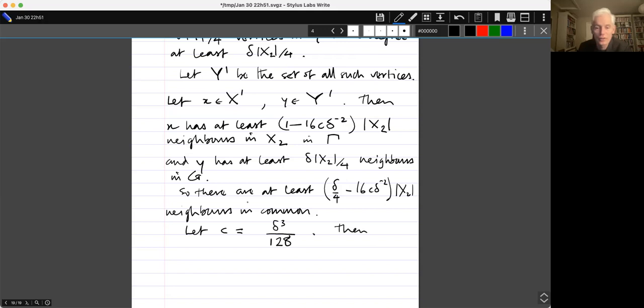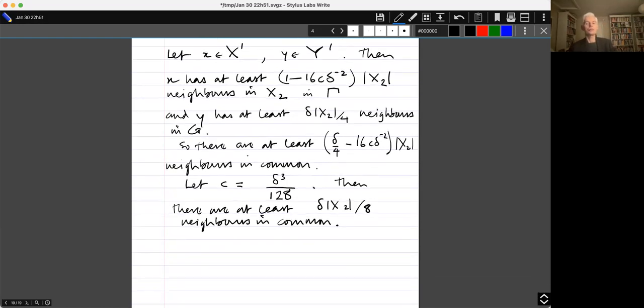Then there are at least delta size of x2 over 8 neighbours in common. So remember, these are neighbours in slightly different graphs, but we can use this now to work out how many paths there are, or if we get a lower bound for the number of paths.